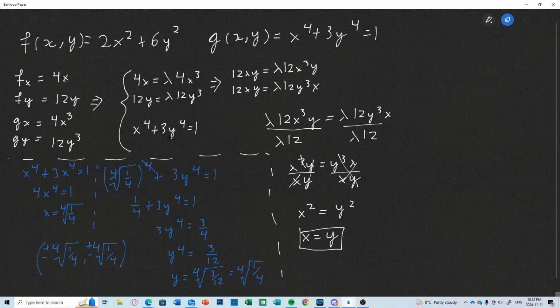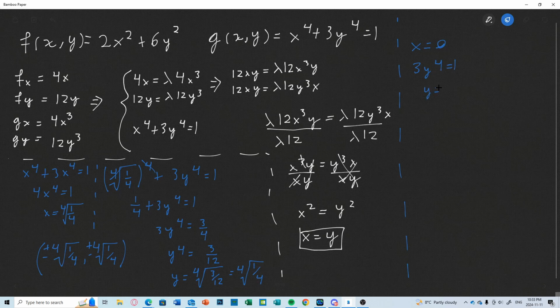Now, since that's done, we want to test at our endpoints. So I'll draw a line again, and we're going to test for our endpoints. So this will be setting x equal to 0. This will become 3y to the 4th is equal to 1.